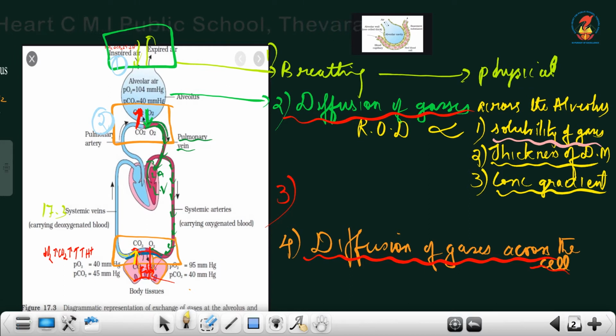Then from here what happens? It gets into the heart through the superior vena cava. It's going to the heart. Follow the yellow arrows, the direction. It goes to the right atrium. From the right atrium the impure blood goes to the right ventricle. And from the right ventricle it goes to the lungs for purification.